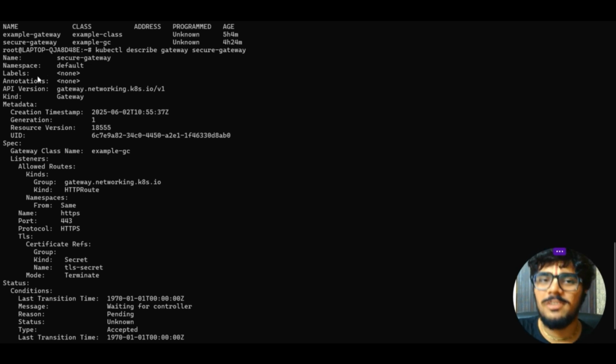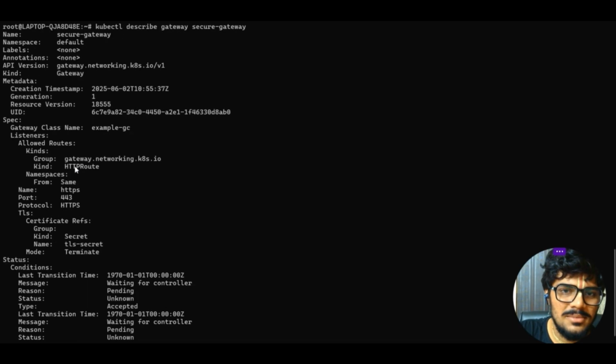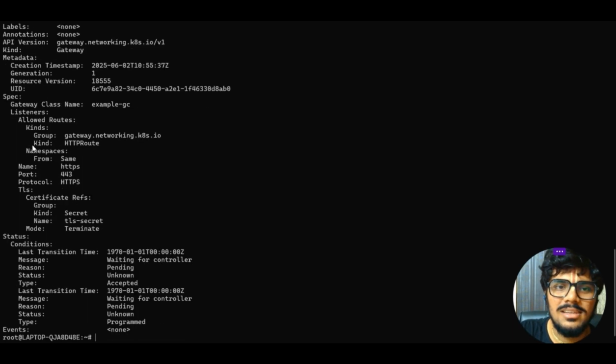Namespace has been allocated to default because I didn't push it onto some other namespace that we built earlier. We had the labels, annotations, API version, same as the previous example, kind, metadata, timestamp. The gateway class name is example GC. I took the same example, so that's why it's taking the same gateway class name.